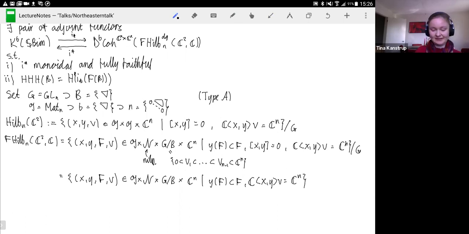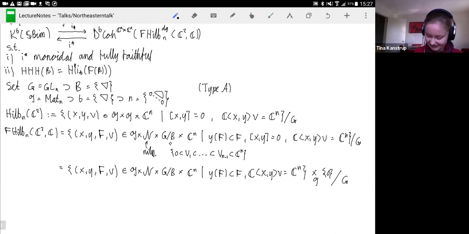I could look at this space and see that this condition is taking a fiber product, where my map is just to take my two matrices, take the commutator, map to g, and I require this result to be 0.